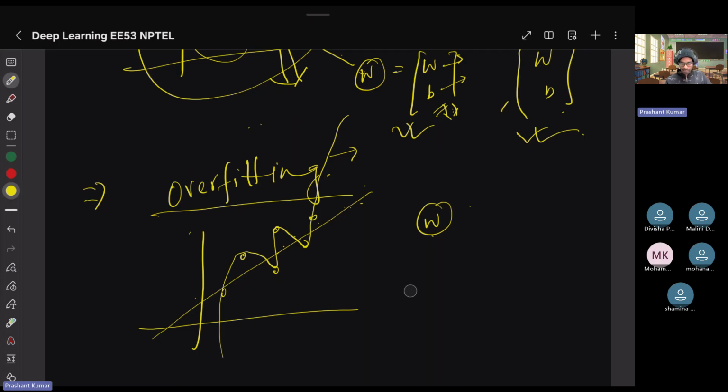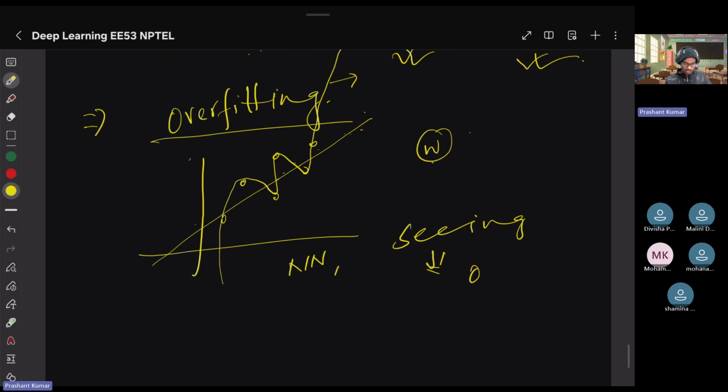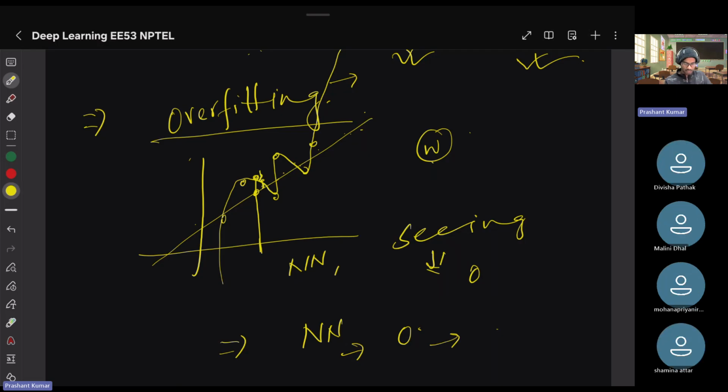Since you are training a neural network, you see that your loss is going to 0. But when you predict for some new value, you get this value, however you should get that value, so you are incurring an error. Earlier you assumed that since your neural network is giving an overall loss of 0, you should get the correct value, but you are not. Sometimes your error will be very large.